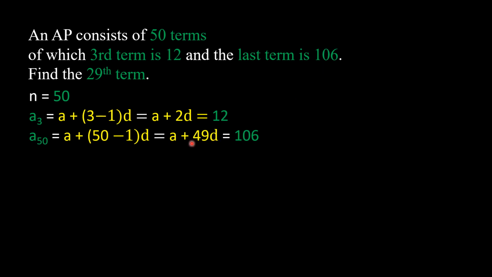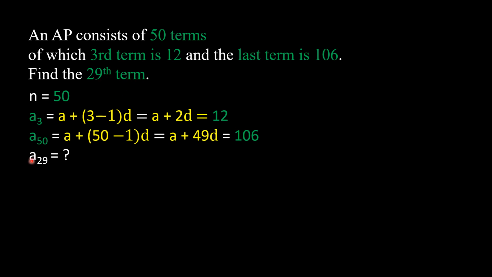Now we have two equations, A plus 2D equals 12 and A plus 49D equals 106, which are linear equations in two variables. We have to solve them and find the value of the 29th term.